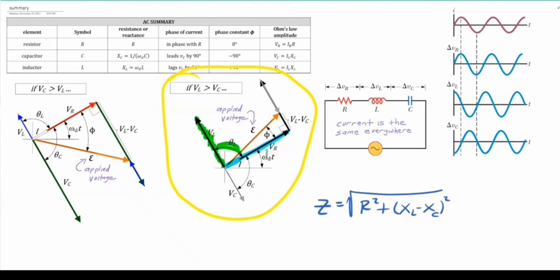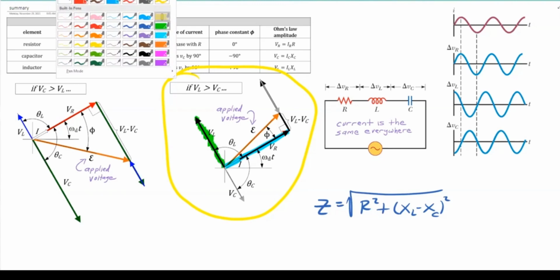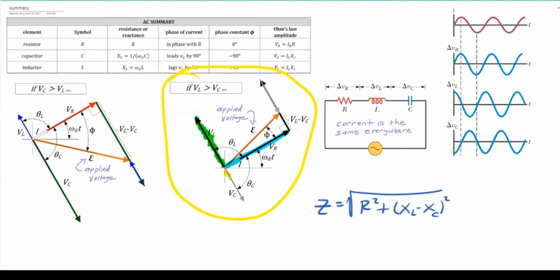This right here is my voltage across the capacitor. This is all explained in detail; I'm explaining it a bit, but the deep dive is in the lecture video. This theta L is always going to be plus 90 degrees, and this is always going to be negative 90 degrees with respect to the current going through the circuit or the voltage drop across the resistor.